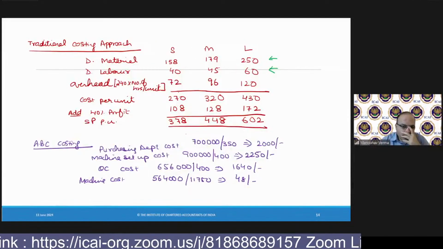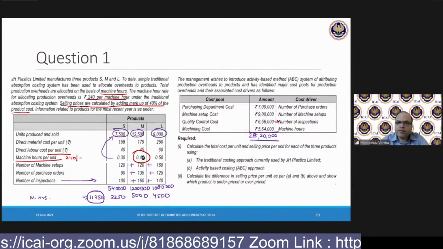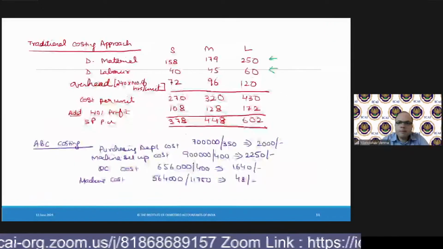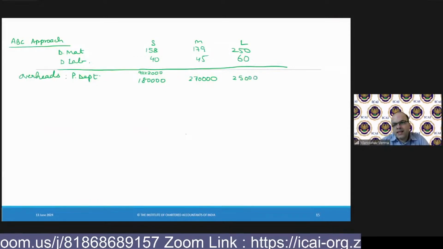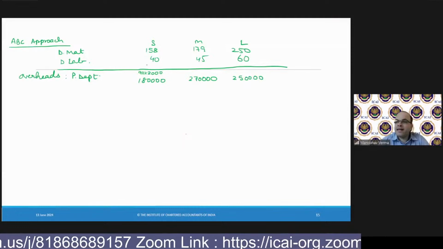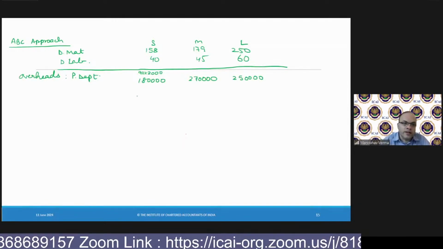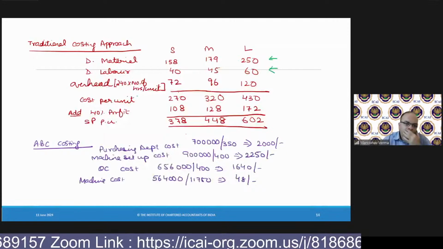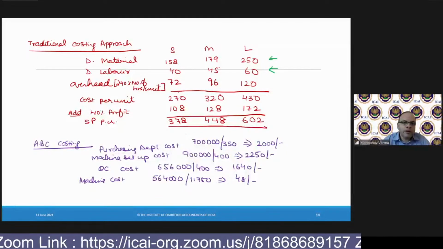So the next one is your product L, 125. So we're taking 250 here. And you guys can check whether we have taken into account the entire 7 lakhs or not. So 180 plus 270 plus 250, it seems 7 lakhs is done here. Next one is machine setup, which was 2,250 per setup.